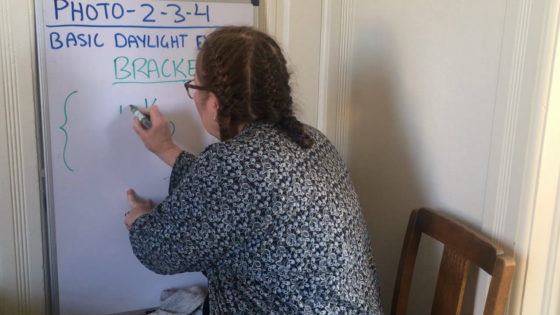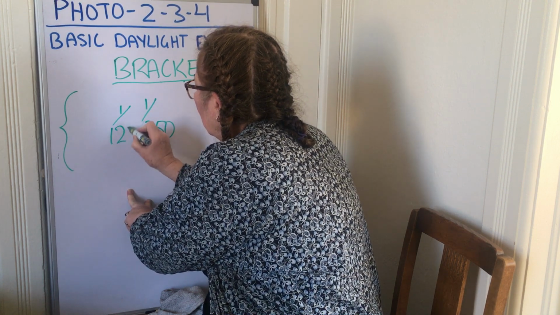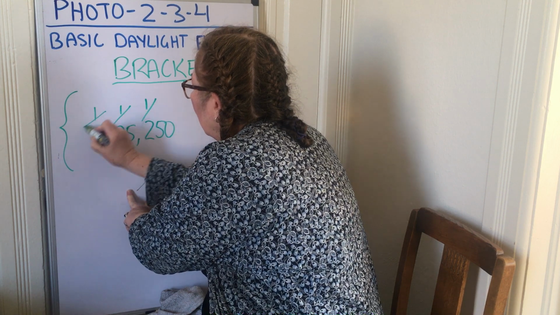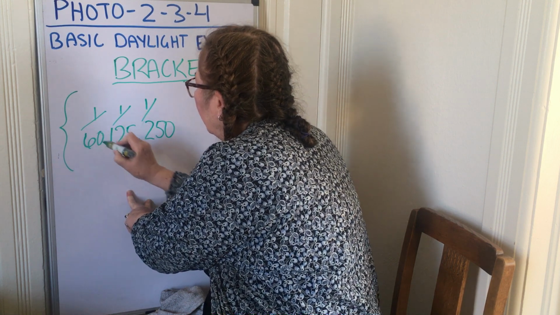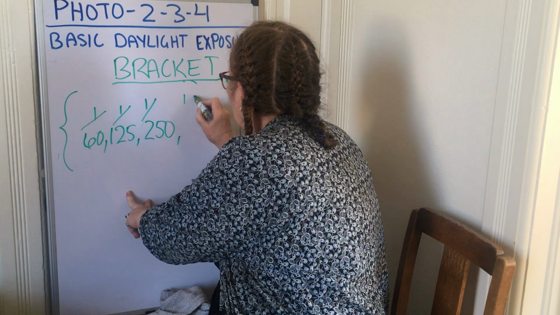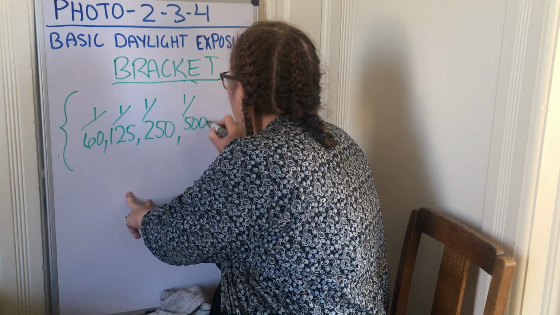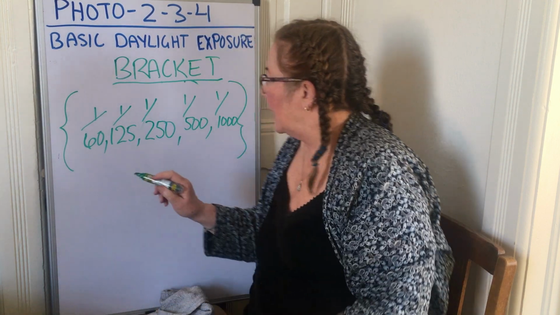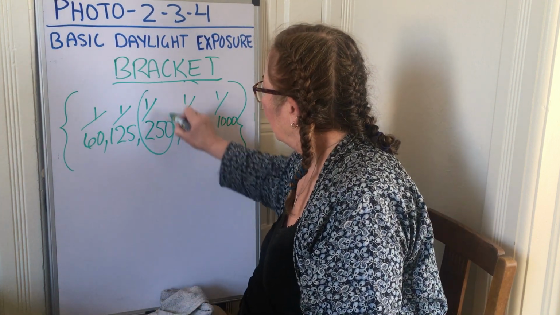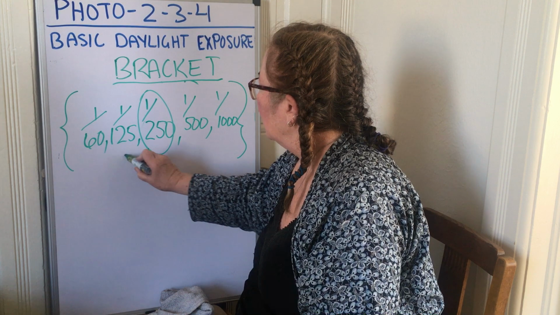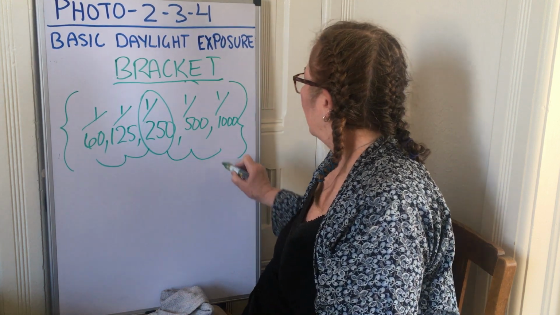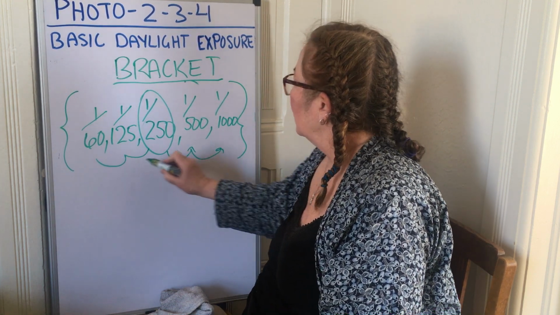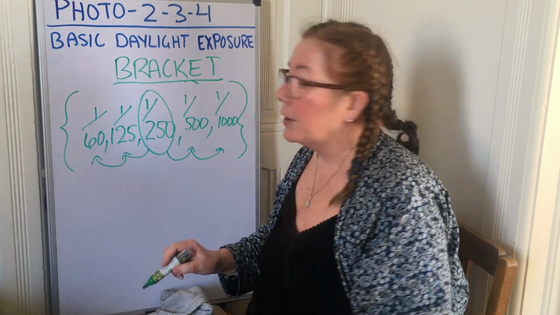And then you would do 1 at 1/125th, 1 at 1/60th, 1 at 1/500th, and 1 at 1/1000th of a second. So even though this is your correct exposure, you're giving yourself a little insurance on each side there to make sure that you get the shot that you want.